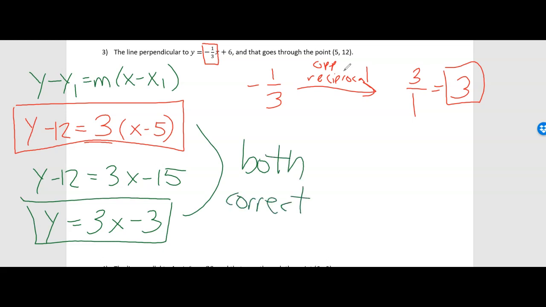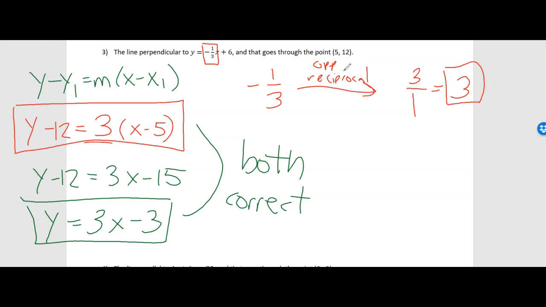However, if you didn't stop at the red equation, if you didn't stop with point-slope form, and you continued on, let's say you made an algebraic mistake when you distributed or when you added 12 to both sides, you wouldn't get credit for that final answer, right? Because if you put too much work and there's incorrect work, you're going to lose some points.